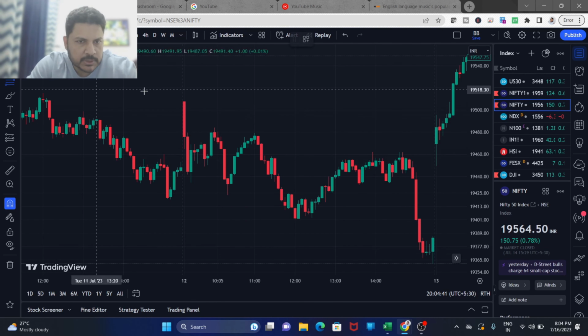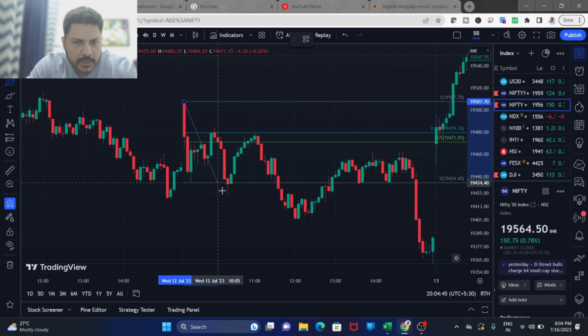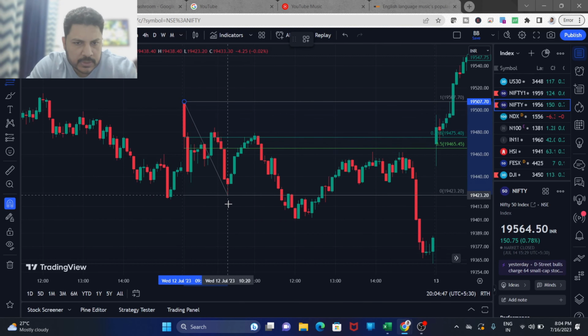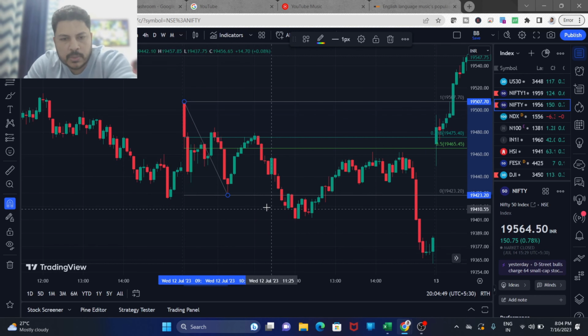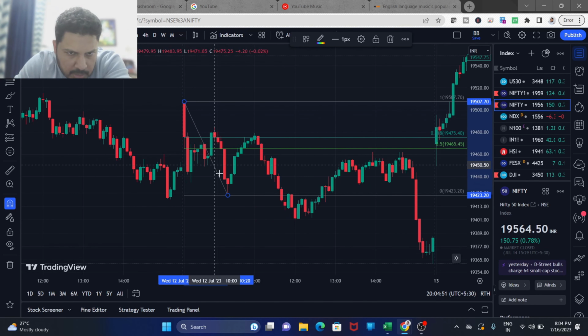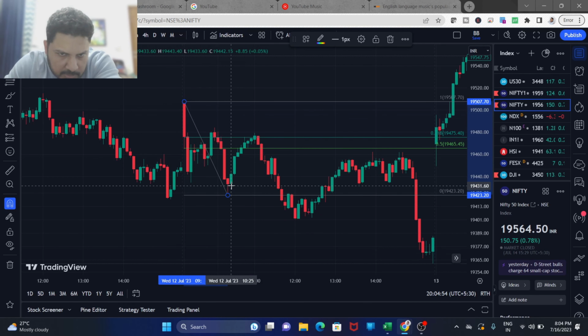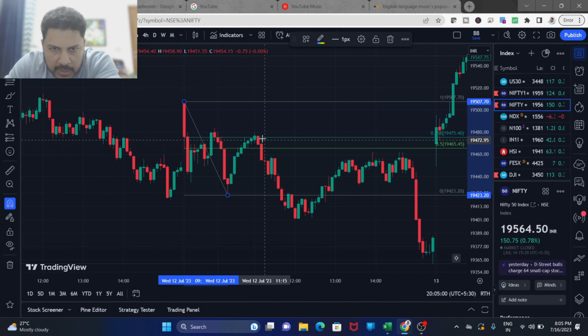This was the first candle. Let's mark this, and then it made a low of this, right? So during intraday, when you got the low point, from there the candle reversed. You always wait for this zone, and in this zone the candle came, and then this was a confirmation entry for you to short.